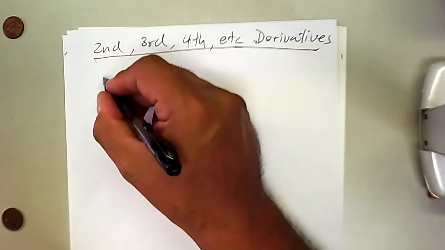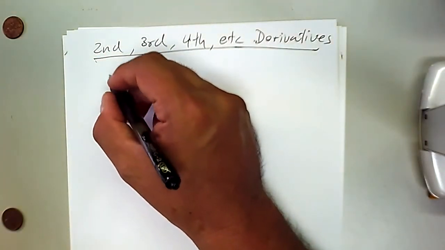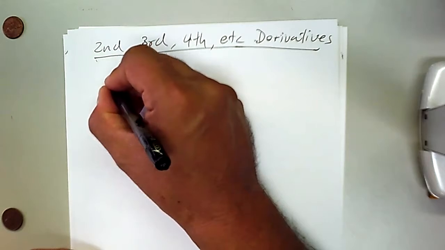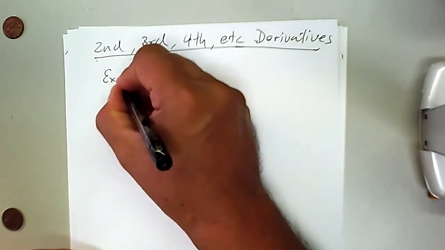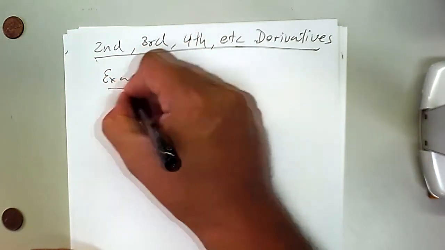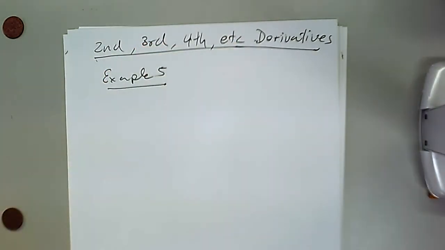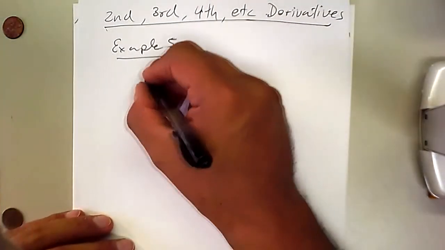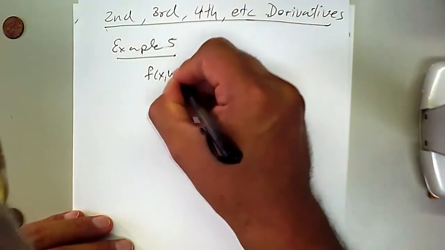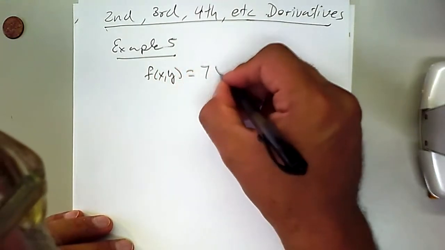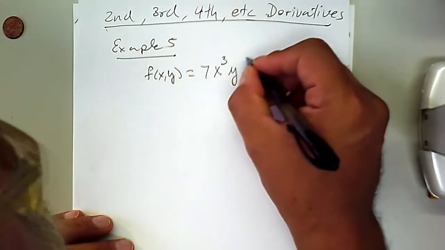So let's take a monomial that is fairly large. This is going to be example 5. Let me double check, the last one was example 4. Yep. So let's say you have f of x, y equals 7x cubed y to the 5.